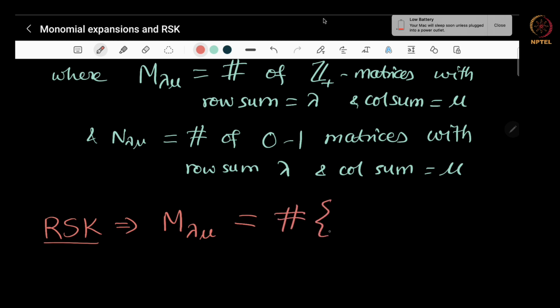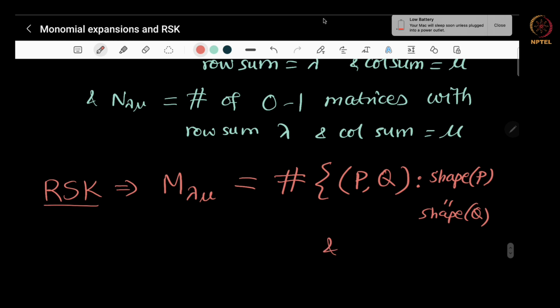Because RSK is a bijection, I might as well count pairs PQ which are semi-standard Young tableaux of the same shape, and whose types are the row and the column sums. The row sum in this case is lambda, and the column sum is mu.